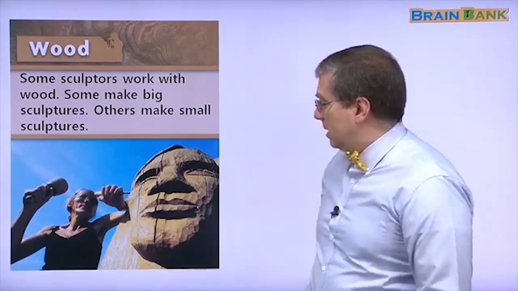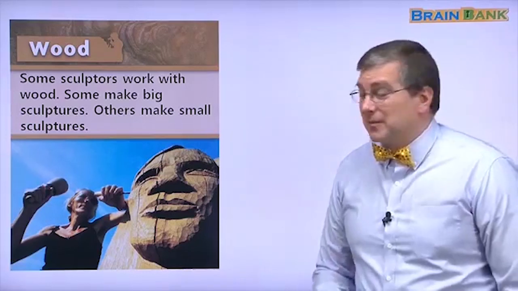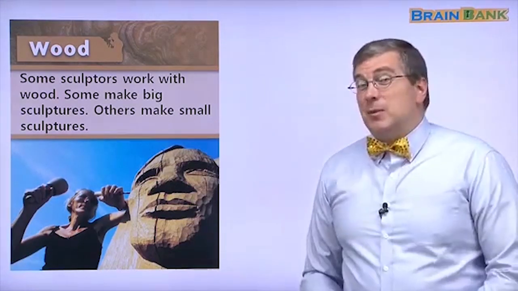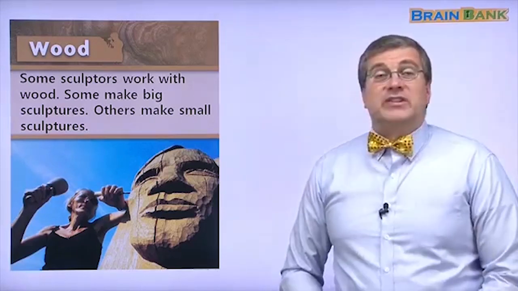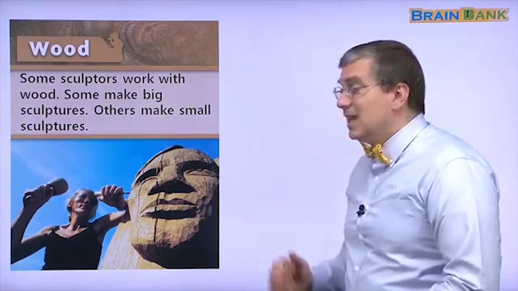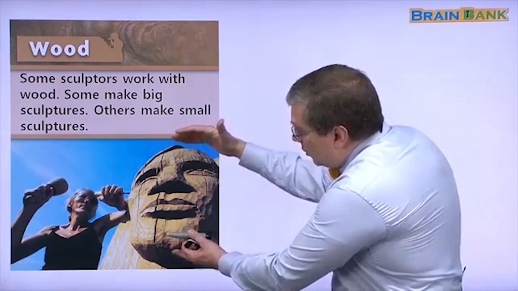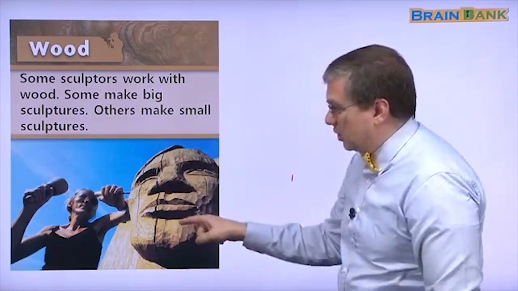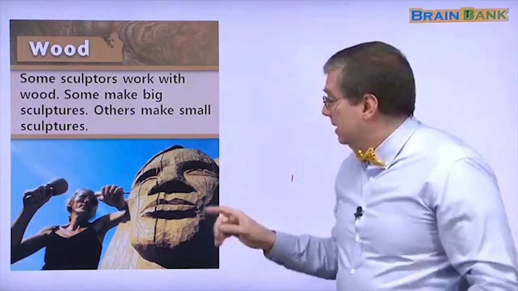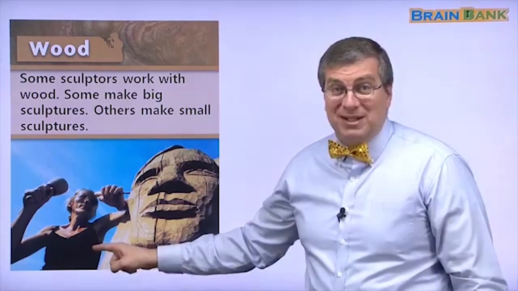Look at this woman here. What is the material she is using? She is using wood. And is it a big sculpture or a small sculpture? Of course, we can see it is a big sculpture. Look at the sculpture. What is the sculpture? It looks like somebody's head. This head is bigger than the woman, right?